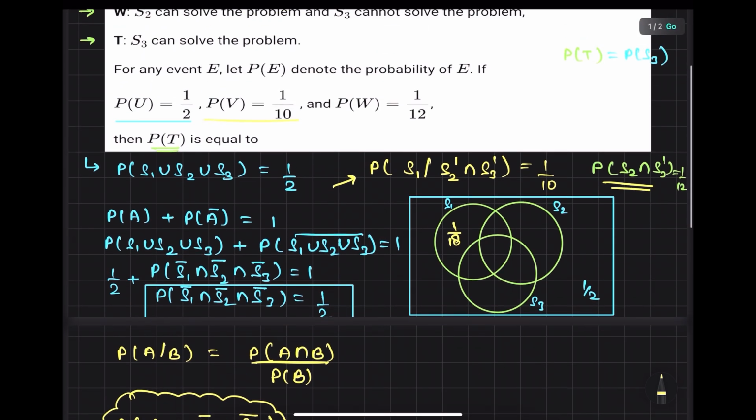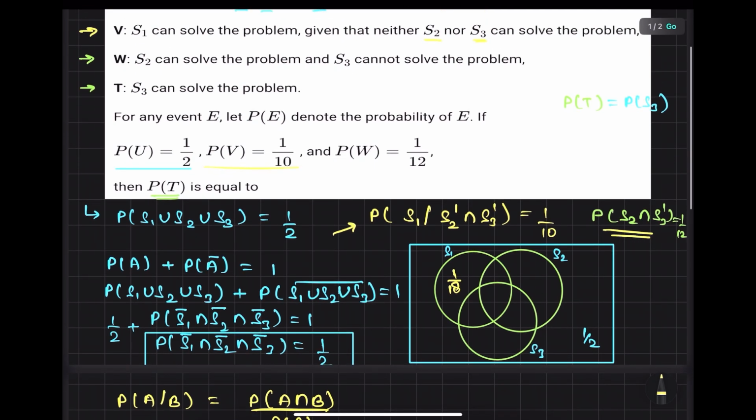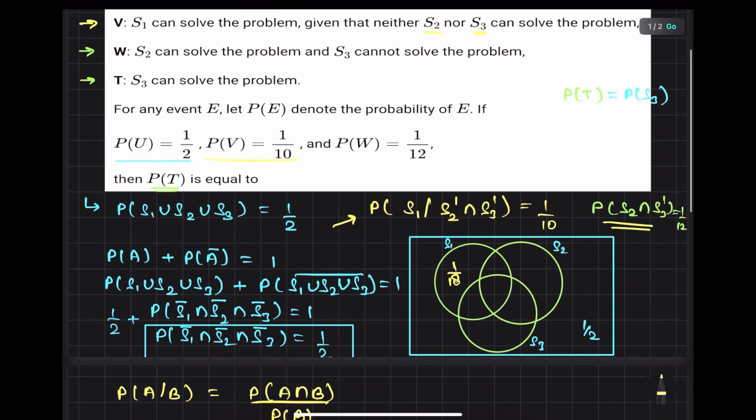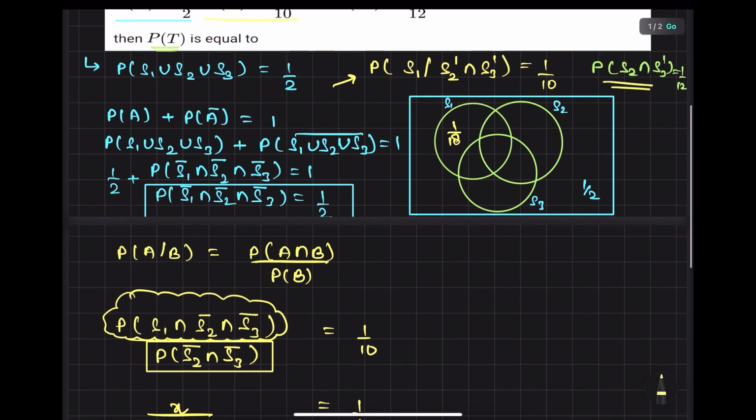So we have P of W. S2 can solve the problem and S3 cannot solve the problem. Yes, S2 can solve the problem. Just look at this. Probability of S2 can solve the problem and S3 cannot solve the problem is 1 by 12.